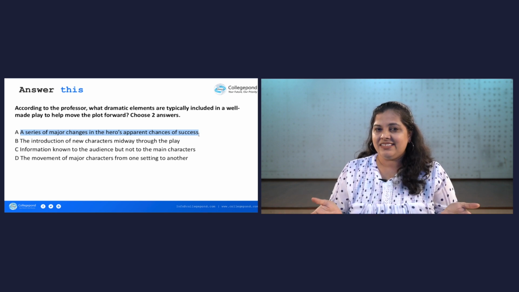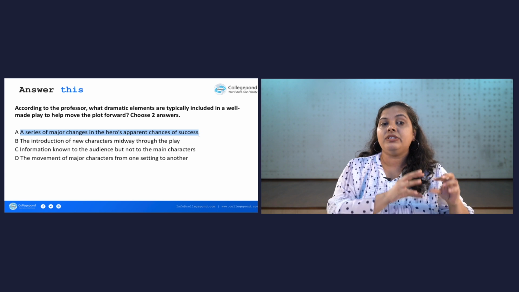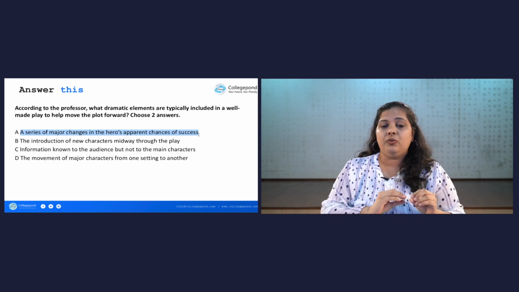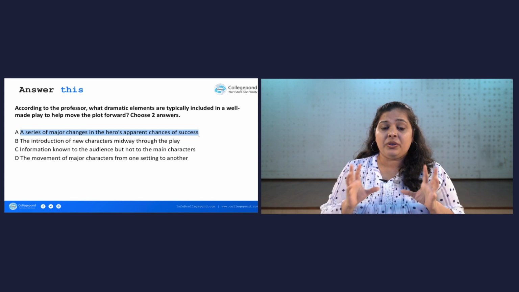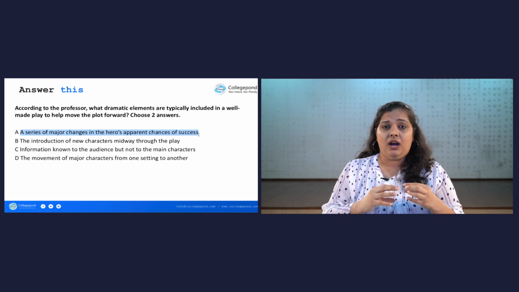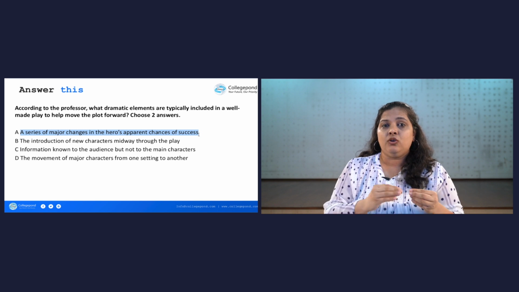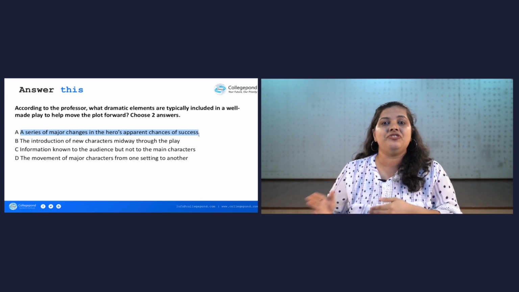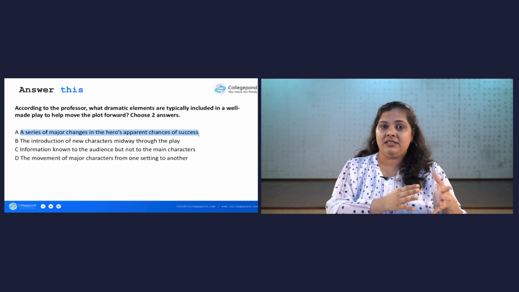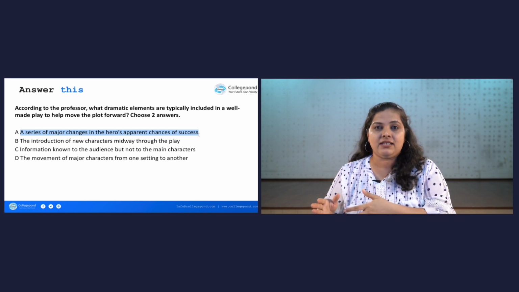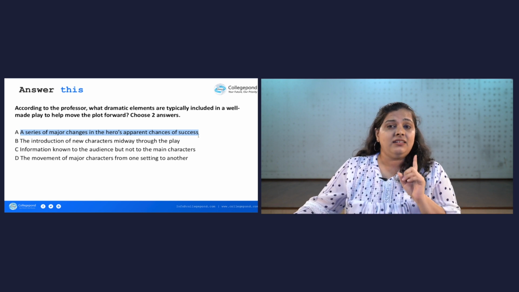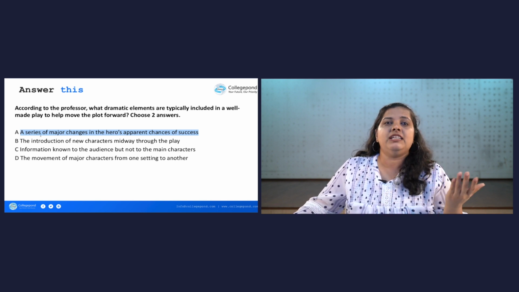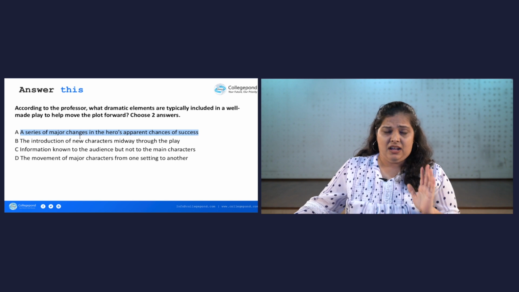Yes, there was an example which the speaker gave to help you understand what an inciting incident is. He talked about how a hero could move, how his fortunes could change, from bad days to good days to bad days again. So there was a twist and turn of fortunes. So yes, the speaker did speak about a series of major changes. So this could be our answer.